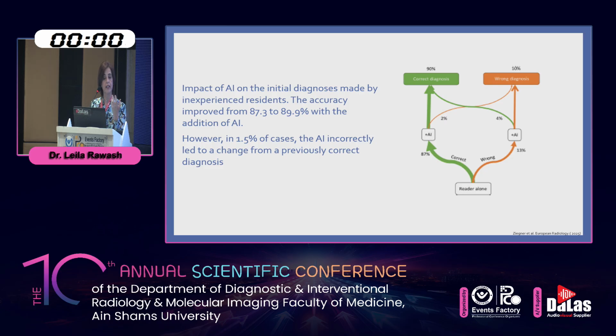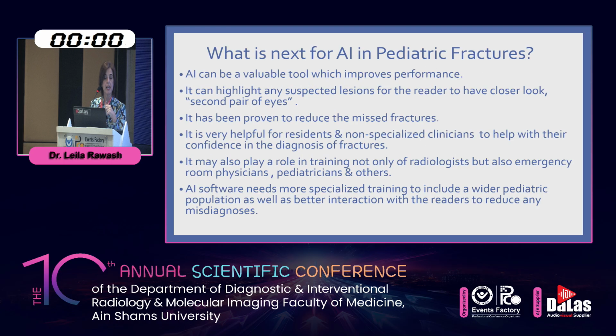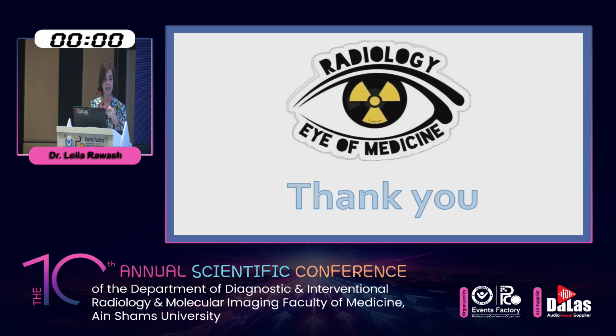If you were right, it can confuse you into giving a wrong answer. So it's a valuable tool to help radiologists, as a second pair of eyes. And it can also be used for training of radiologists or other clinicians. Okay? Thank you.